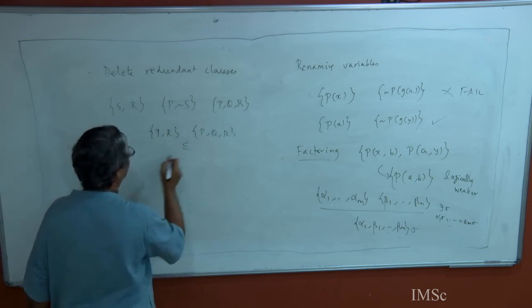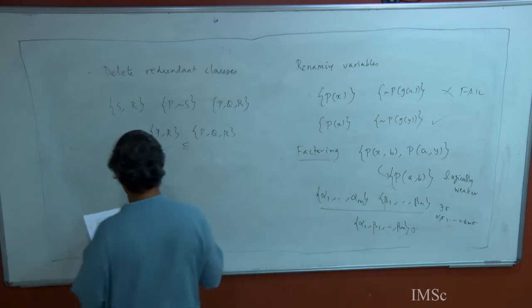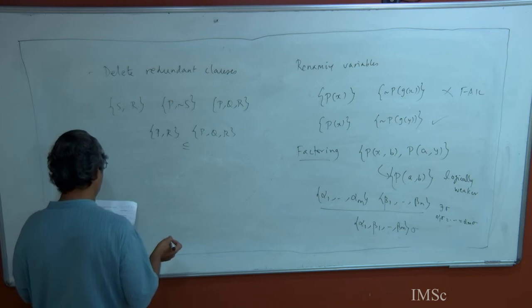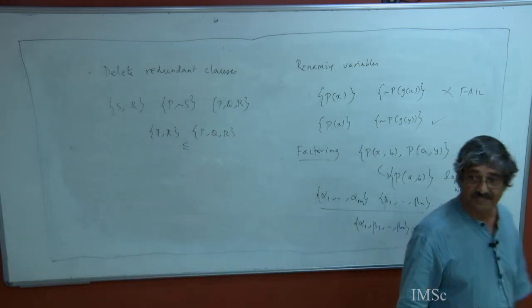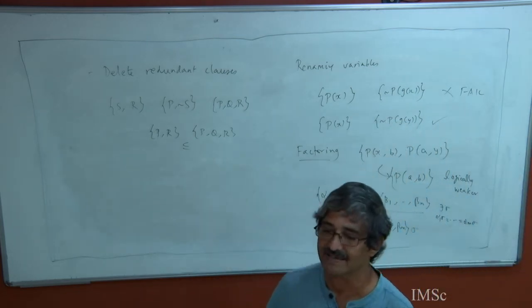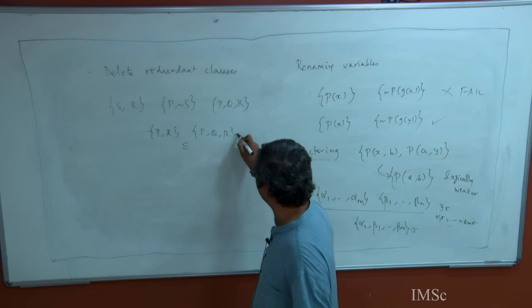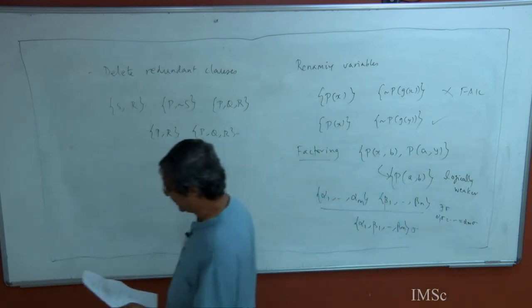Surely this is a subset of the other, so you can get rid of the bigger one. A or B is stronger than A or B or C, right? So you can get rid of the bigger one, and this is a rule that is called subsumption.